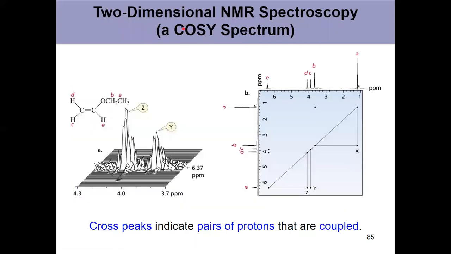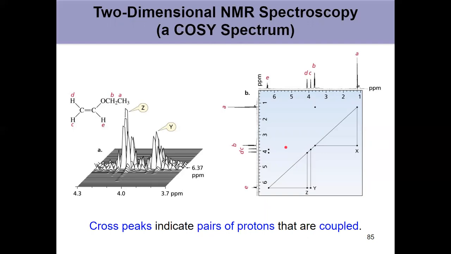We've got COSY, 2-dimensional NMR, so now we're running it on multiple axes here. It's proton-proton shift correlated spectroscopy, COSY. Now we've got two frequency axes and one intensity axis. So a stack plot here on the left, a contour plot on the right.